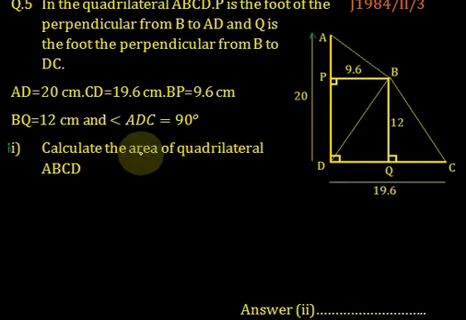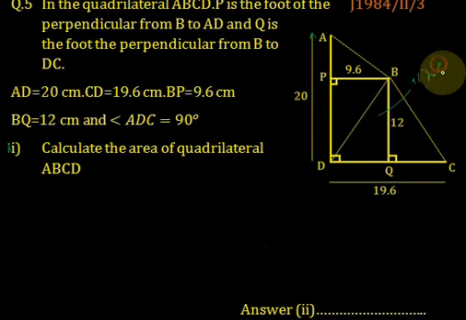The second part, calculate the area of quadrilateral ABCD. We have found the area of triangle BCD and it is 117.6 centimeter square. If we find the area of triangle ABD and add the two triangles, it becomes quadrilateral ABCD.